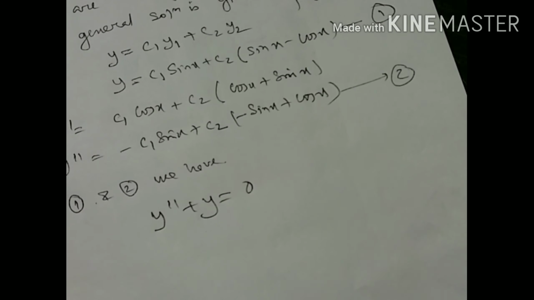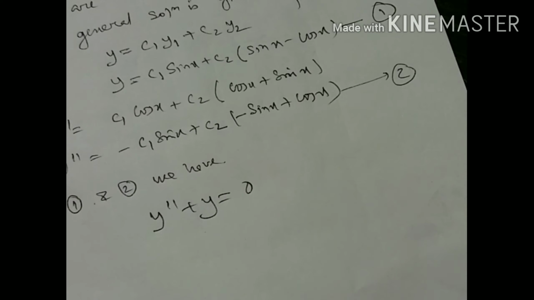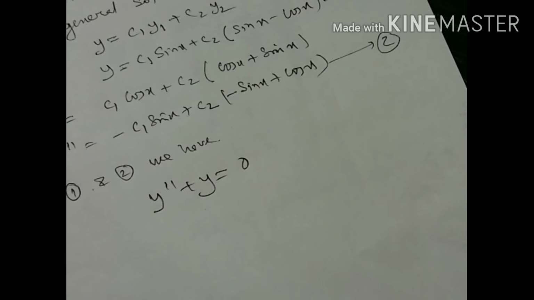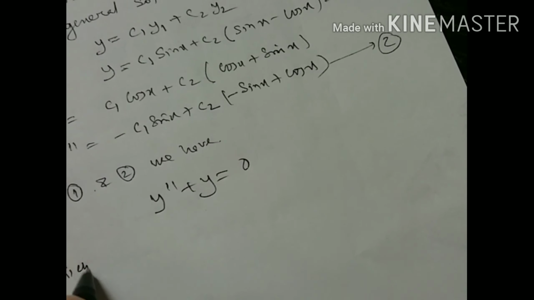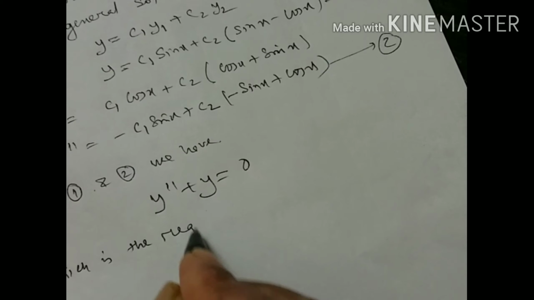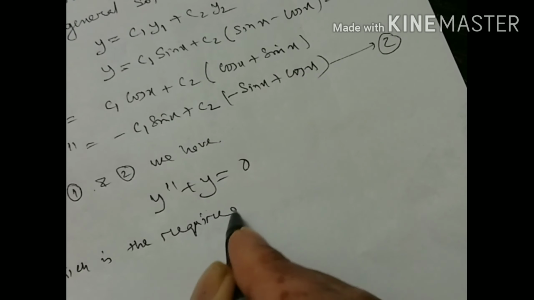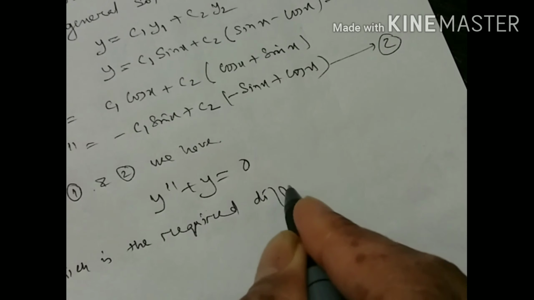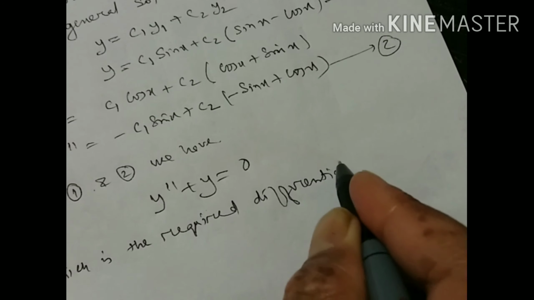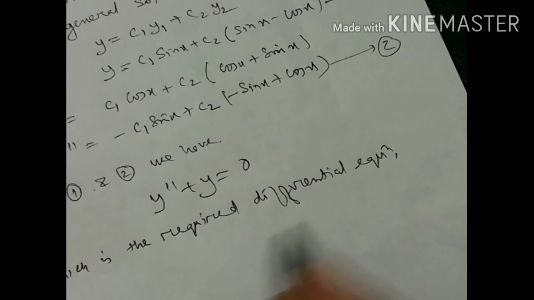After addition, we have y double dash plus y, then all are cancelled on the right hand side, so it becomes 0. And this is your required differential equation.